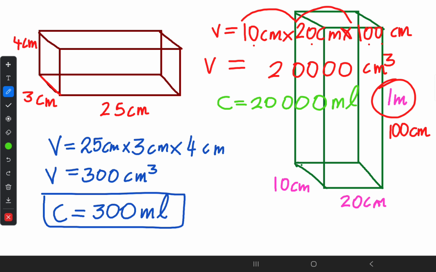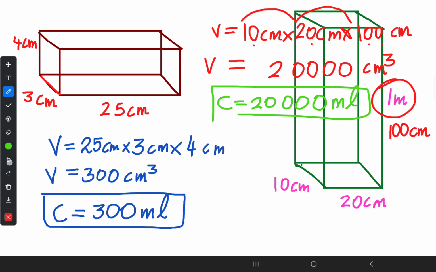That means there are two measurements, 1000 milliliters and 1 liter. Usually we use 1 liter, half a liter, 5 liters, likewise. So if the milliliter amount exceeds 1000, we have to denote it in liters.